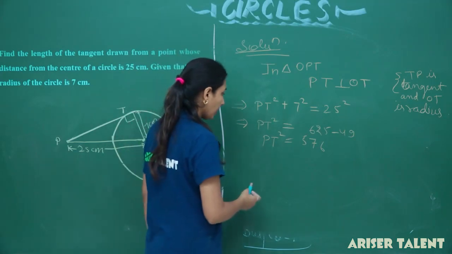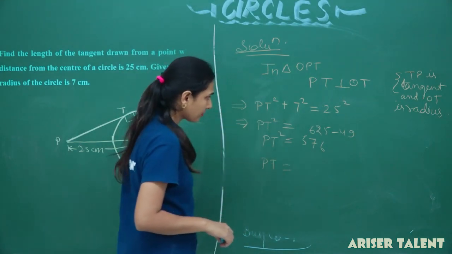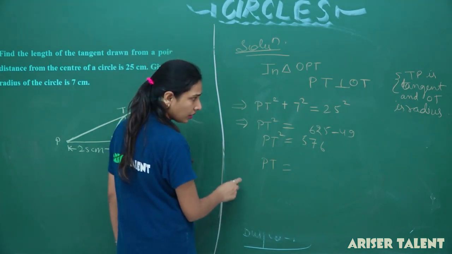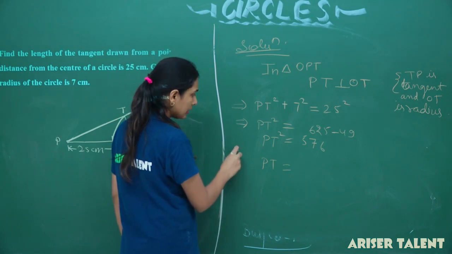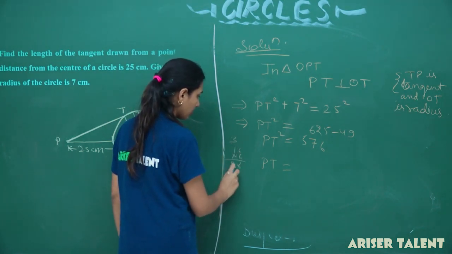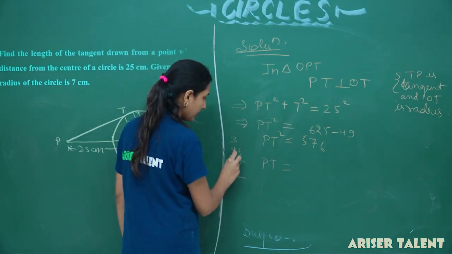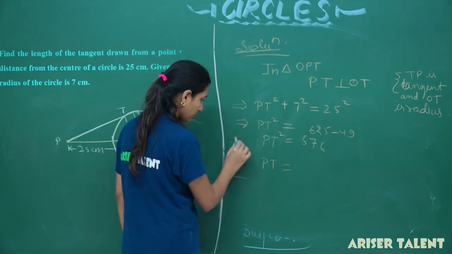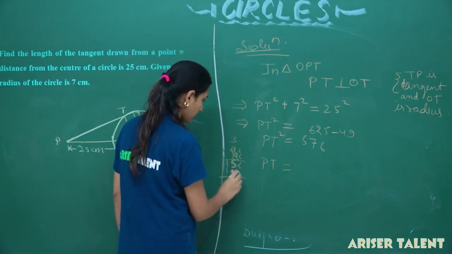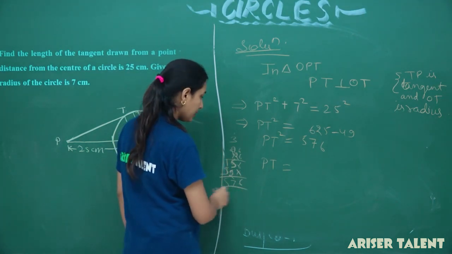Now this is the square of what? The square of 26, right.